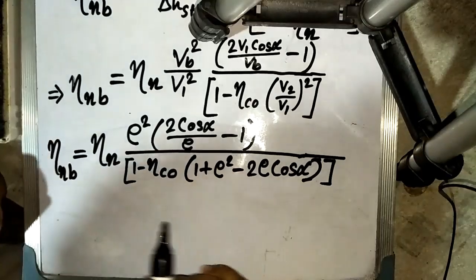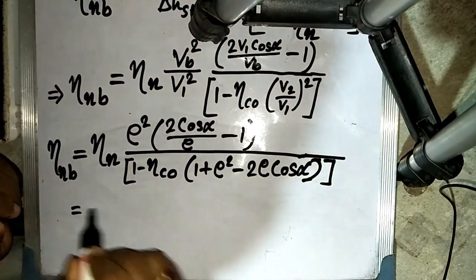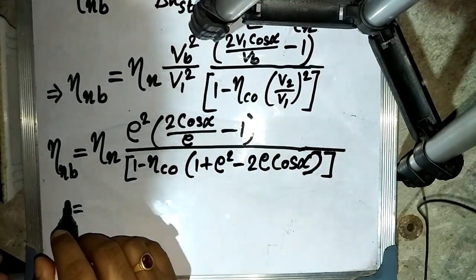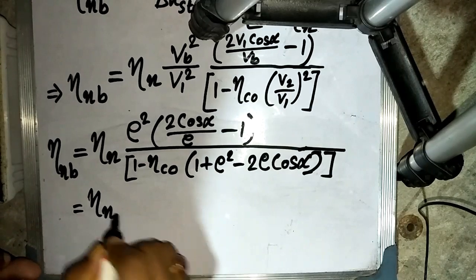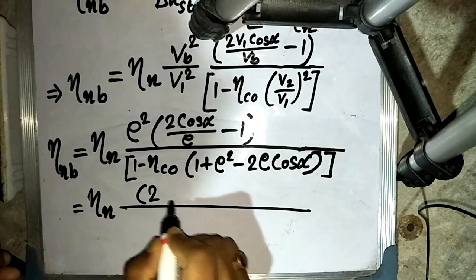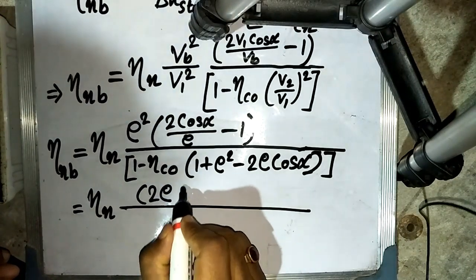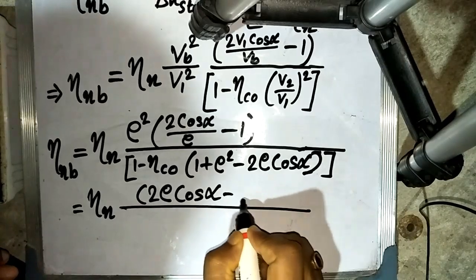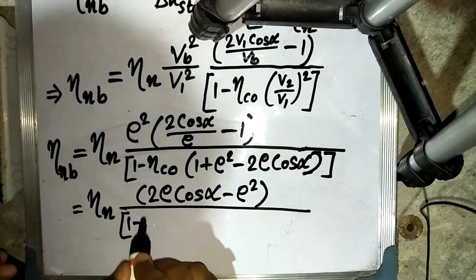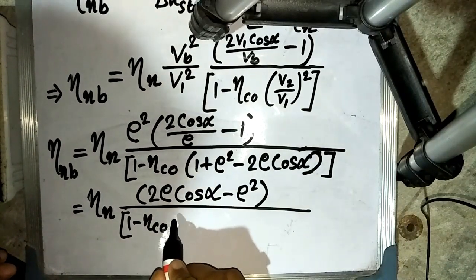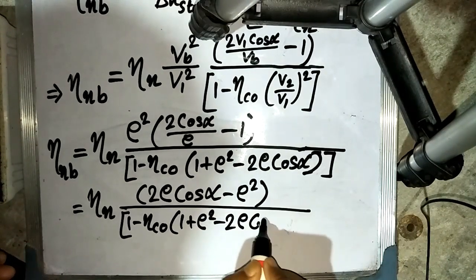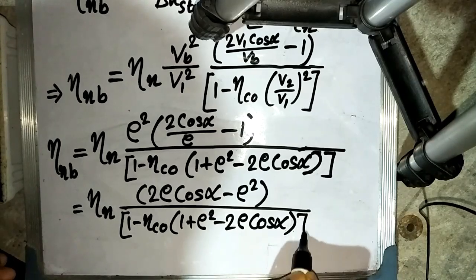we get eta NB into 2 rho cos alpha minus rho square, by 1 minus eta co into 1 plus rho square minus 2 rho cos alpha.